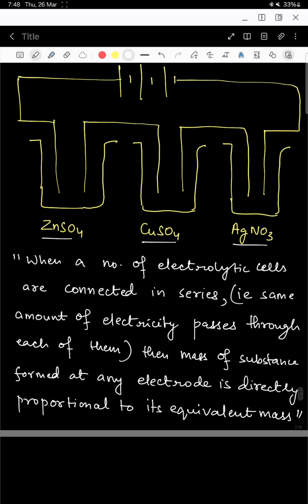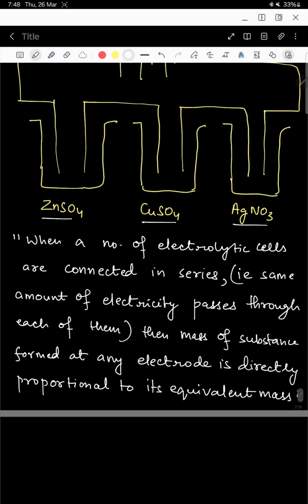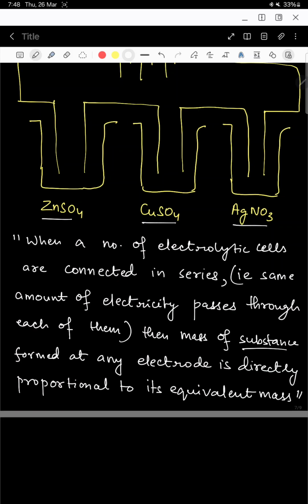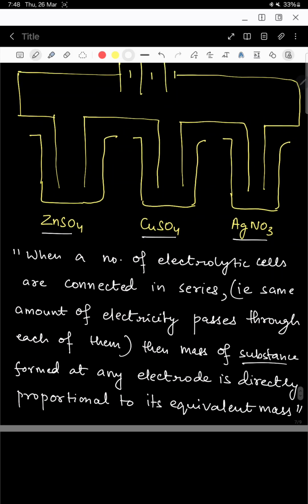At the cathode, the negative electrode, zinc is going to get deposited in the first, copper in the second, and silver in the third.